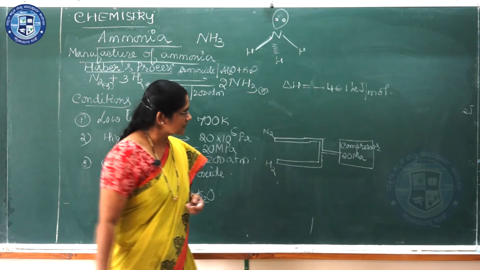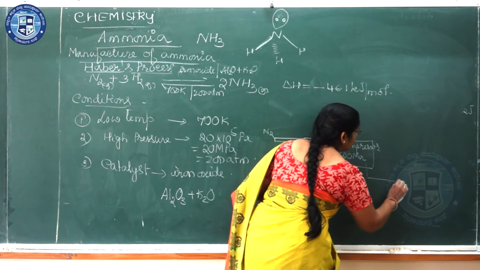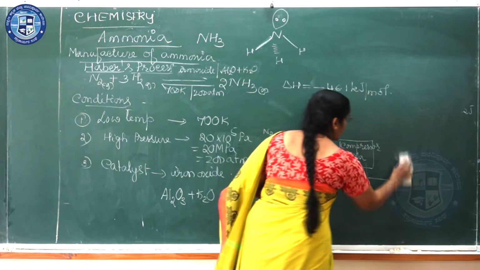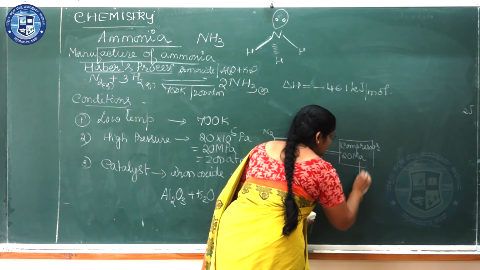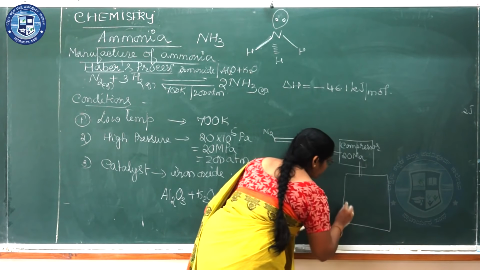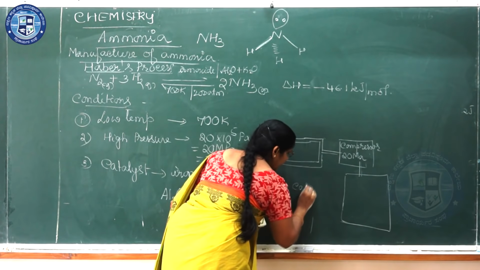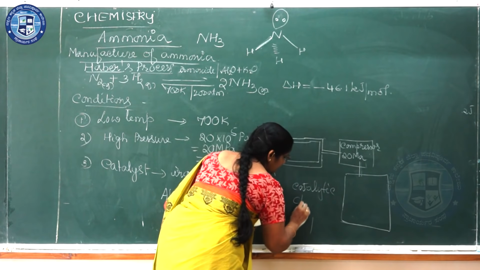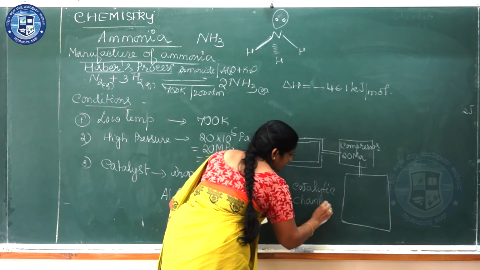They are compressed, and then from the compressor they are moving to a chamber called catalytic chamber. This is called catalytic chamber, where the catalyst is maintained in shells.